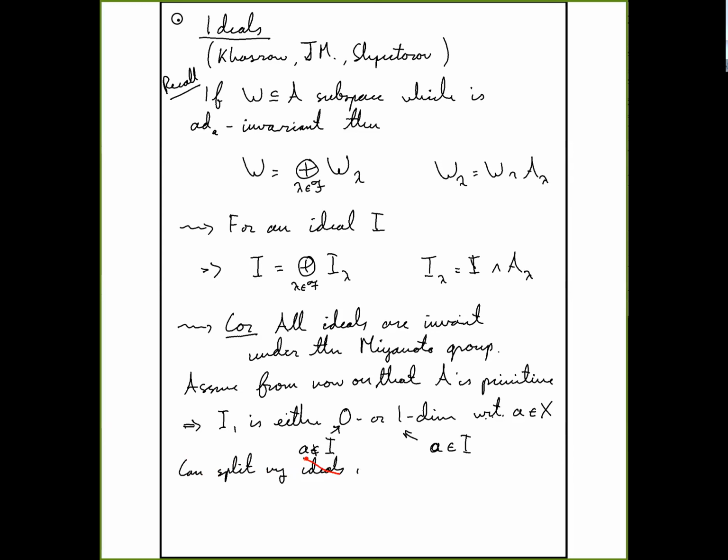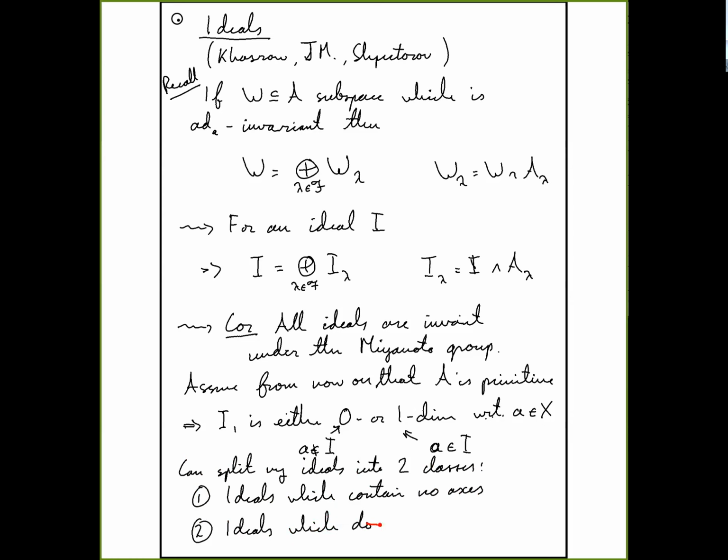The first class is ideals which contain no axes. And the second is ideals which do contain axes.